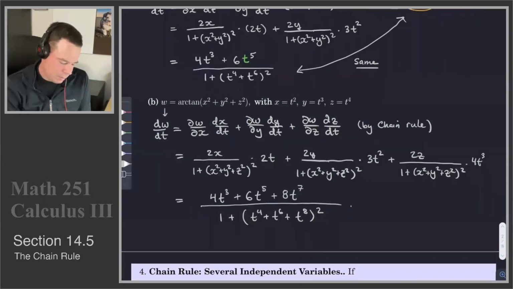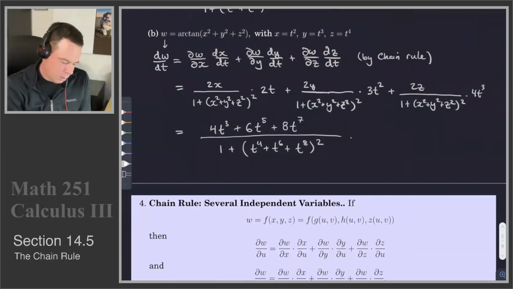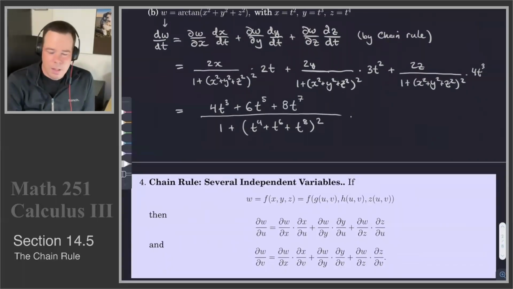Now, what happens in the case where your intermediate variables are not just functions of a single variable t, but they are functions of more variables? So in this case, we've got the chain rule where we've got several independent variables.